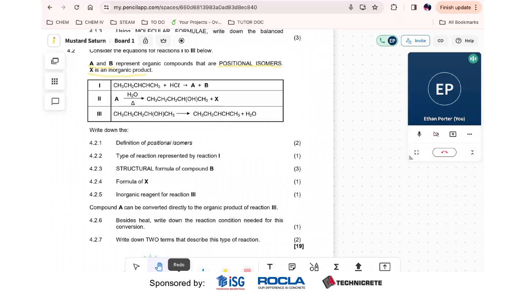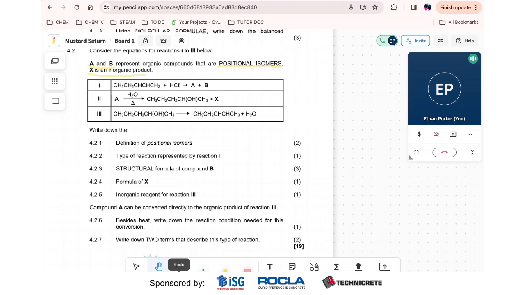Positional isomers means it's pretty much the same compound, except, for example, you can have 1 butanol or 3 butanol. Technically, one is a tertiary alcohol, one is a primary alcohol, so they have very different properties, but they are positional isomers in that they have the same molecular formula, but the OH group is positioned in different places.